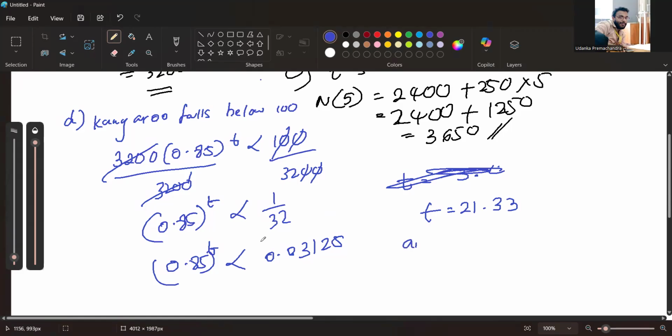So that means after 21 years, mostly, the population becomes below 100. The kangaroo population is decreasing.